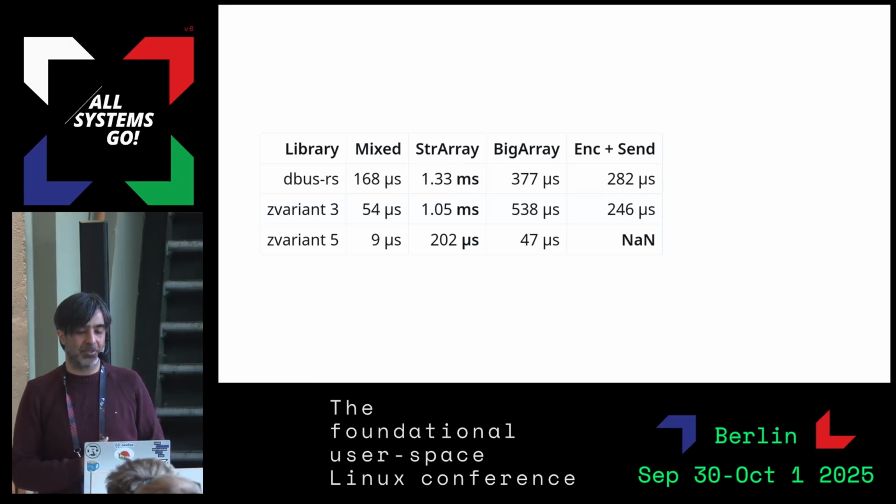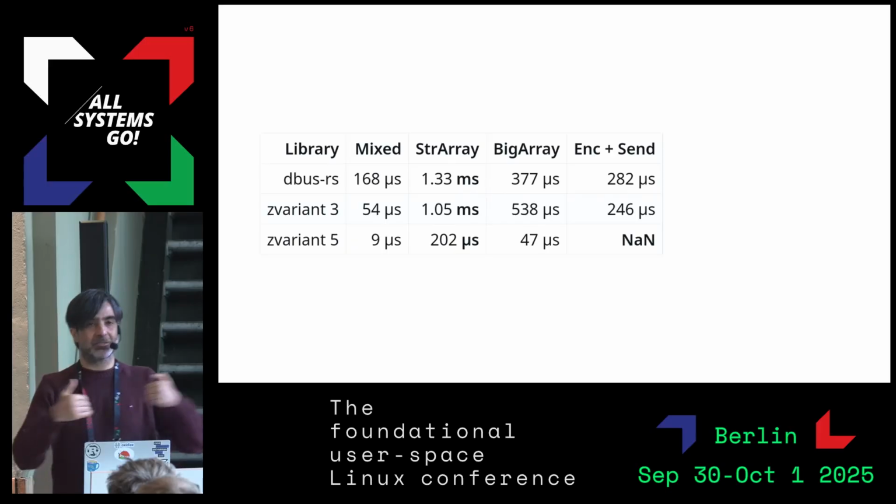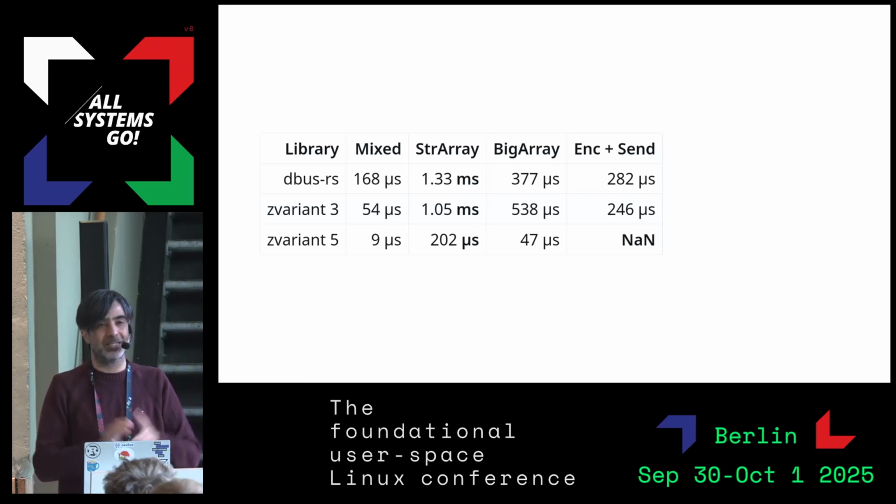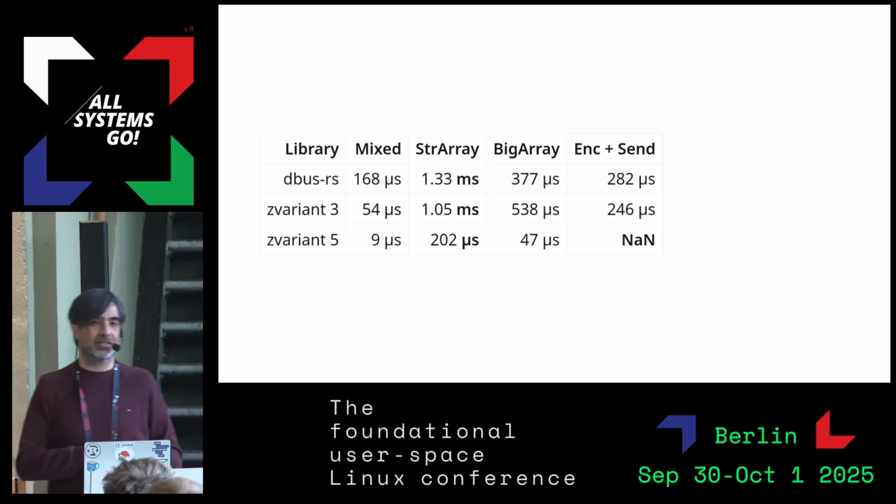It became a bit too fast. The way the test was designed, it was creating new connections all the time, and in dbus that's a bit problematic. Someday maybe I'll redesign it to not do that, but right now it's how it is.